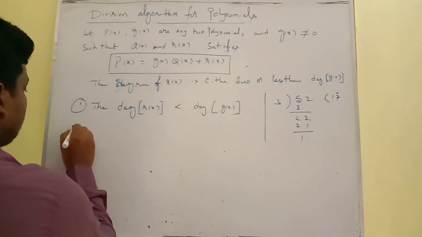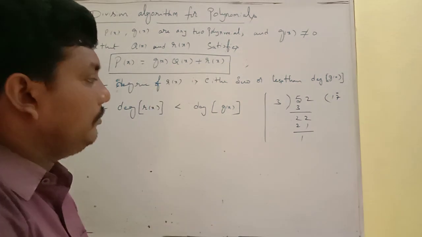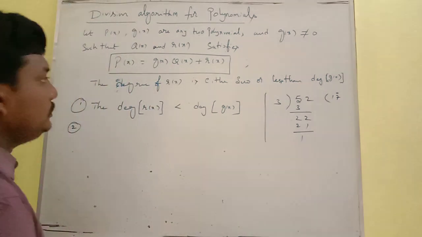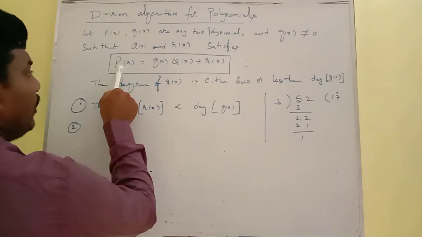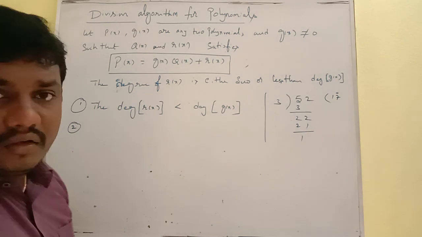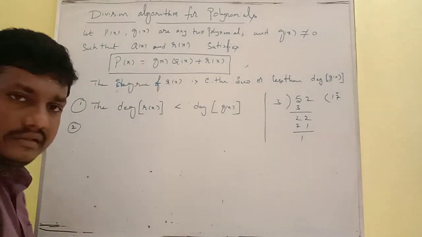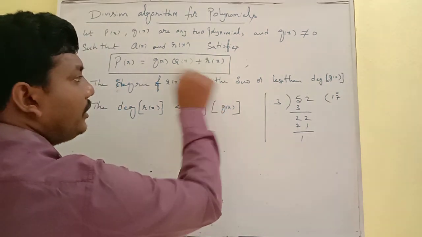Now the second point we have to remember is that the degree of p of x depends only on the degree of g of x and the degree of q of x. So why not the degree of r of x?